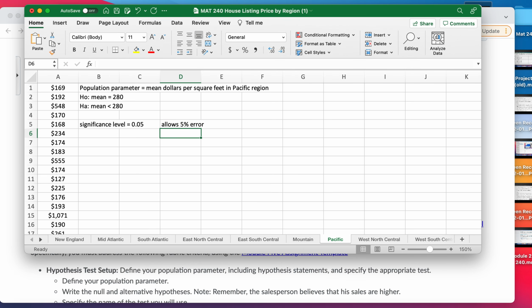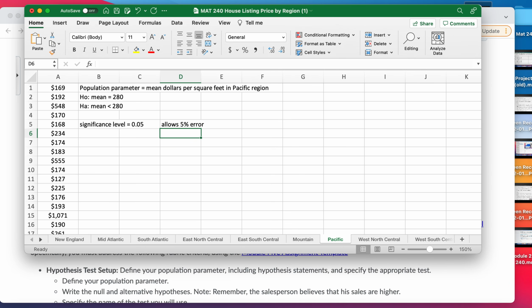Now let's talk about why there is error. How many houses do we have? We have 750 houses. Is that all the homes in the Pacific region? No. So the average that we're going to find, the mean, is not exact. We can't know for sure what the average cost per square foot is. We don't have all the data.